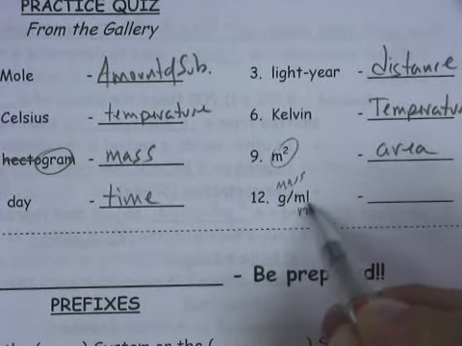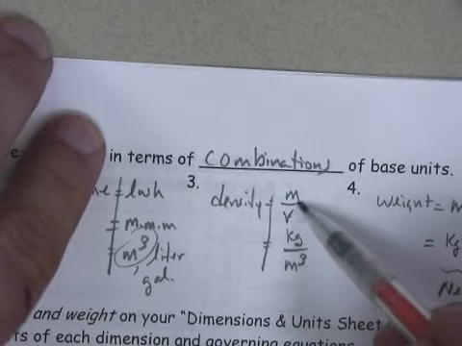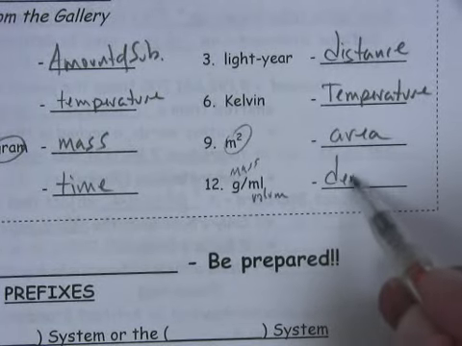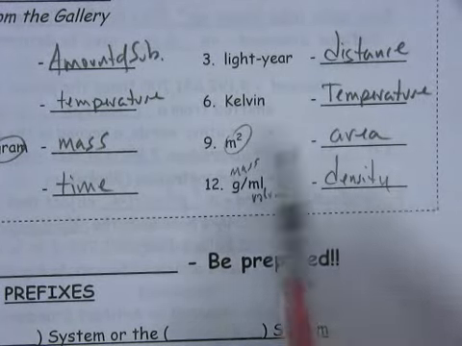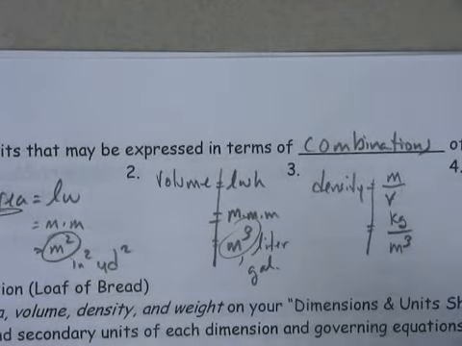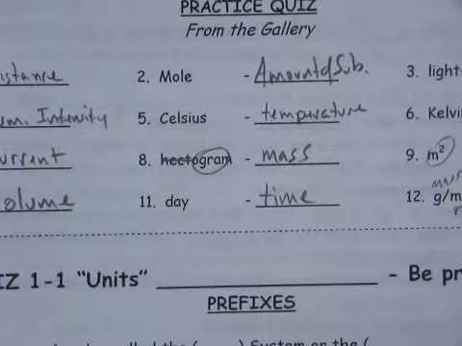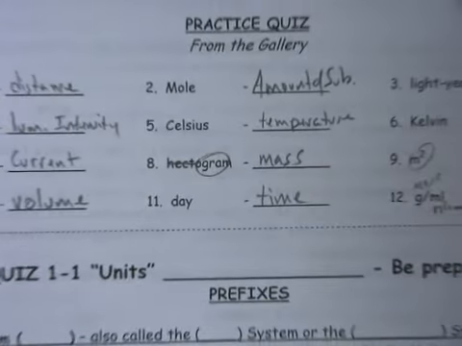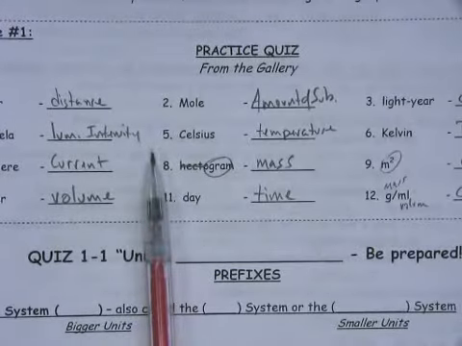Milliliter, volume. Remember back up here? Density is mass divided by volume. So this one is going to be density. And these are all derived units because we're multiplying or dividing one or more fundamental units together. And there's your quiz. So hopefully you did well, and we'll see you on the next video.